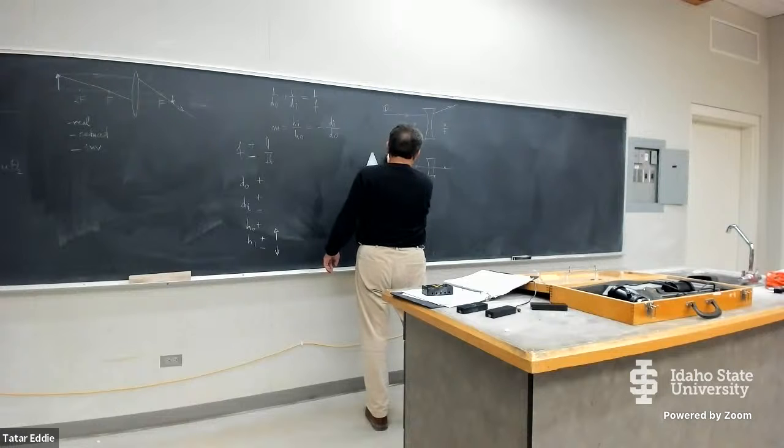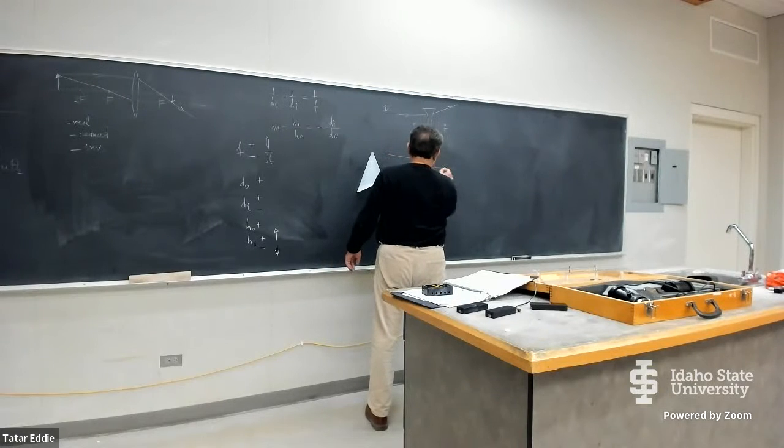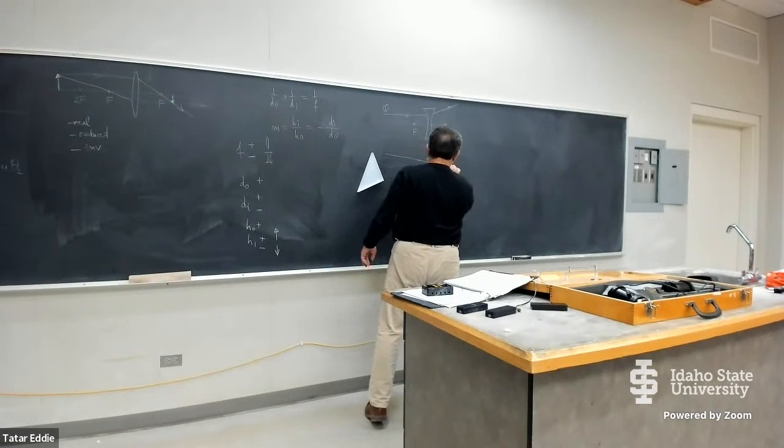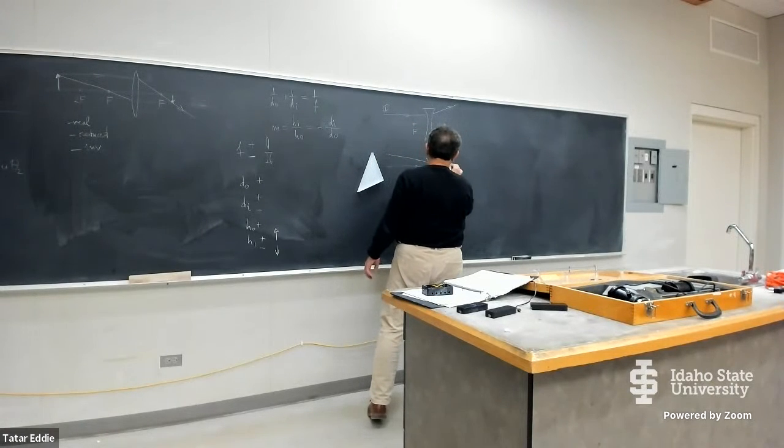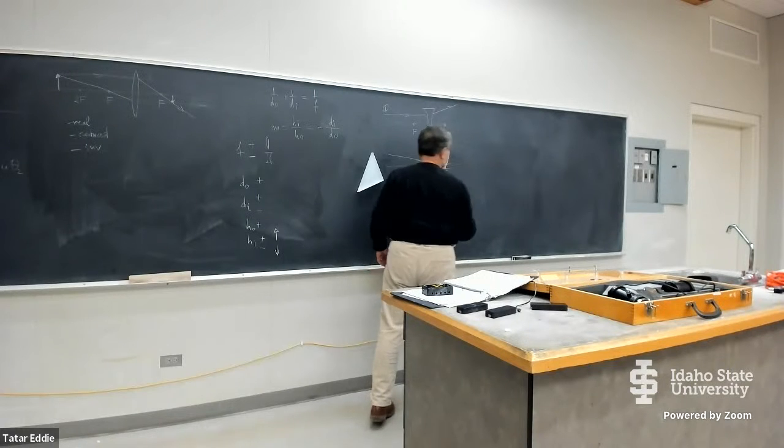A light ray that is coming this way, so that its continuation is going to come to the second focal point, is actually going to emerge parallel to the principal axis.